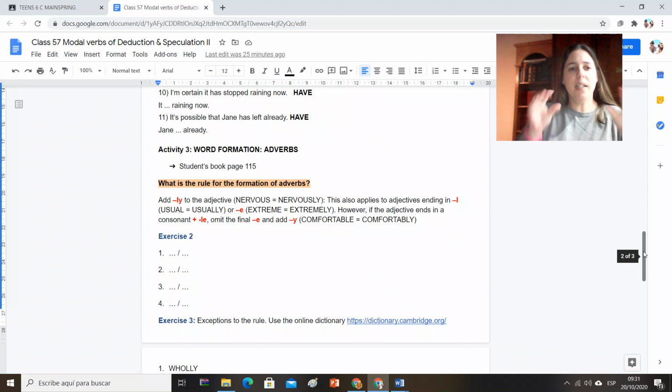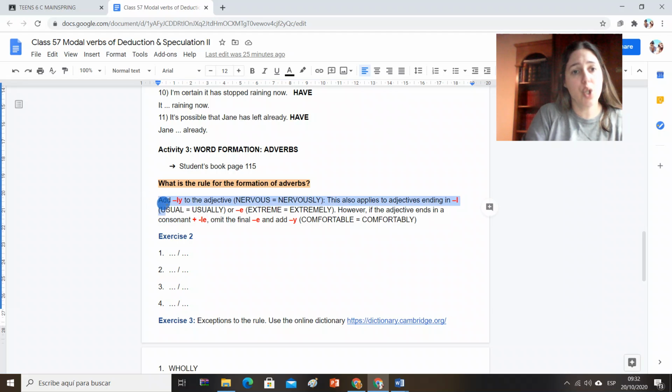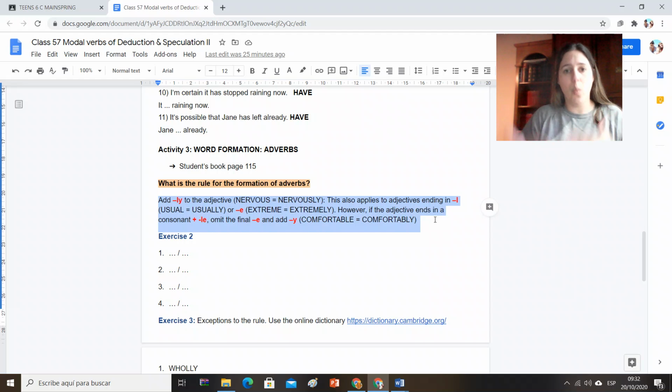I wrote a general rule for the formation of adverbs, and the general rule says that you need to add ly to the adjective. This also applies to adjectives ending in l. As usual, you add ly, and if it ends in e, you add ly.